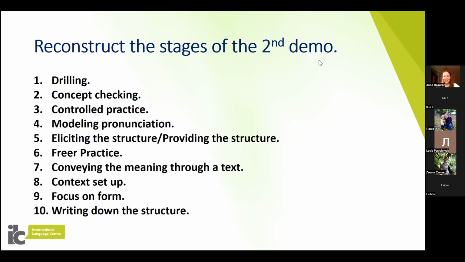All right, so now I'll show you the answers. Could you please compare and see if you got everything right?